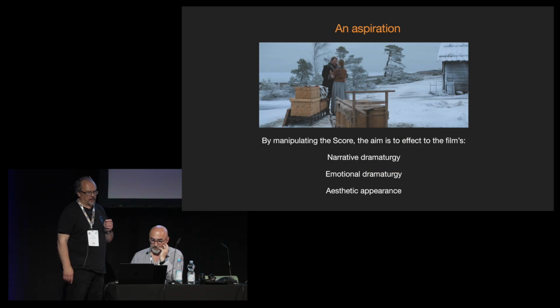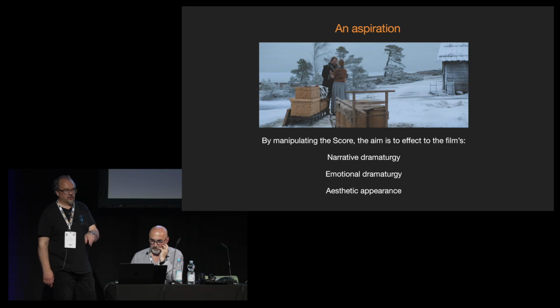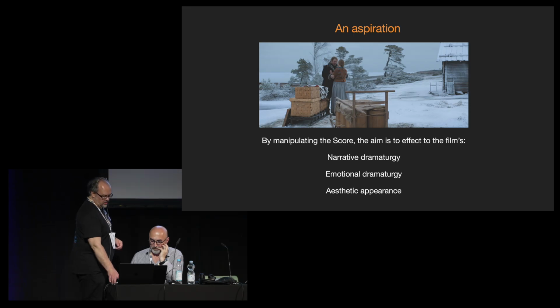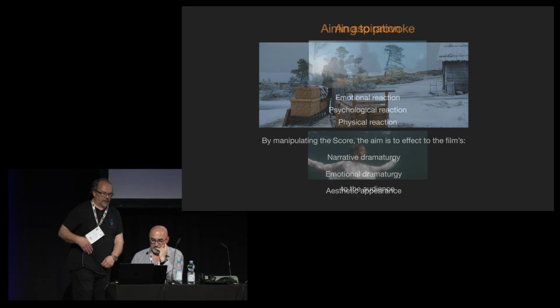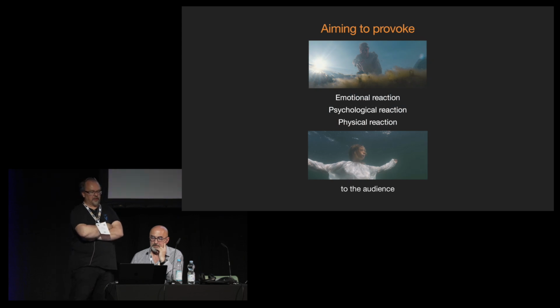So the aspiration with the work on the score is to affect the film's narrative dramaturgy, emotional dramaturgy, and aesthetic appearance. These three things. And the director, other creative team members and I are aiming to affect the audience's perception and to provoke, for example, an emotional reaction, psychological reaction, and even physical reaction.